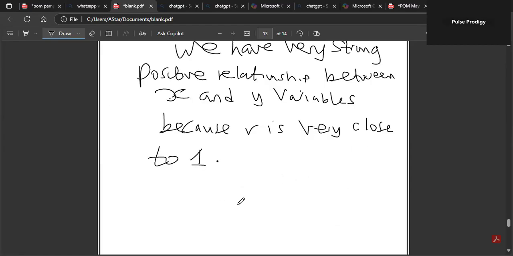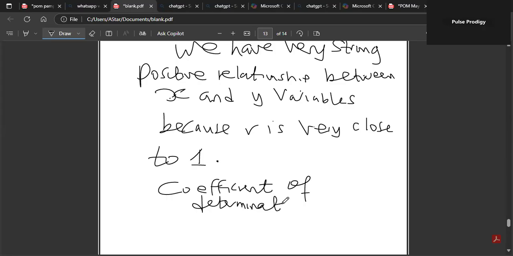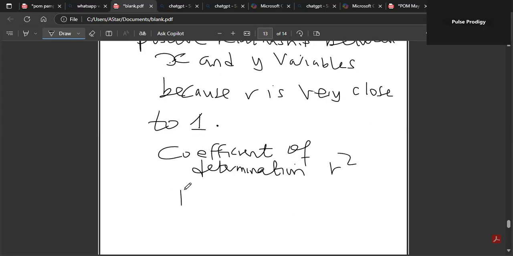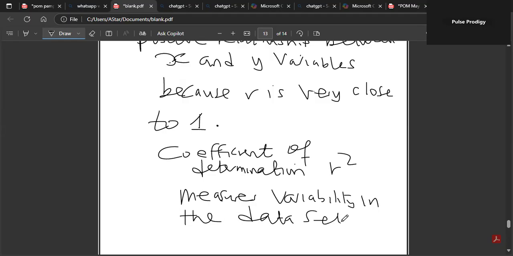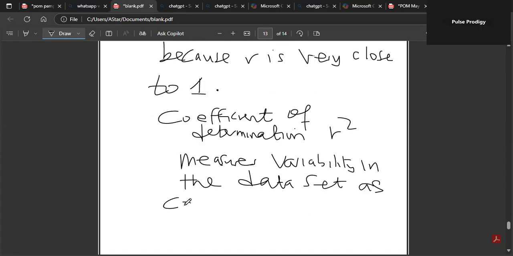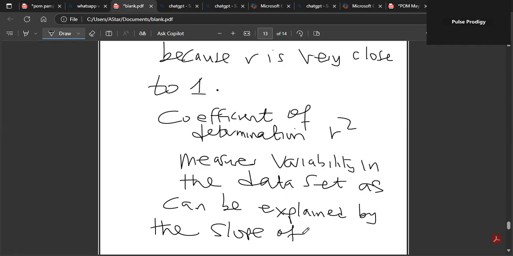Sure, that is clear. So we want to find the coefficient of determination, R square, which measures the variability in the data set as can be explained by the slope of the regression line.